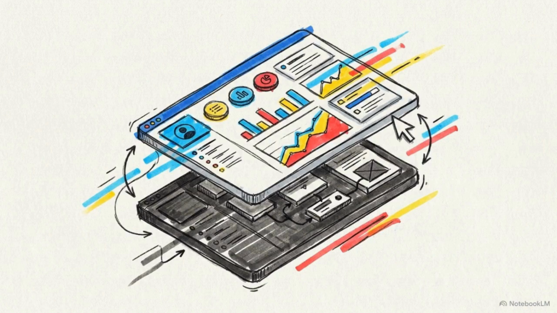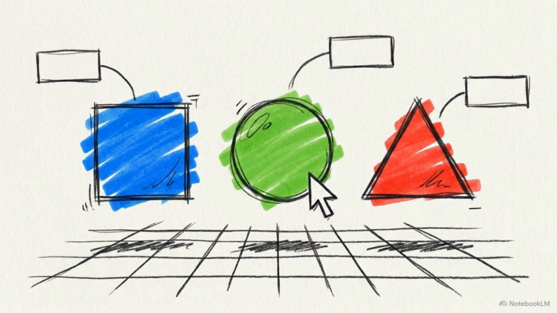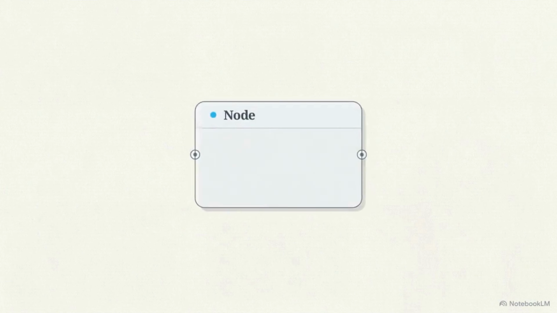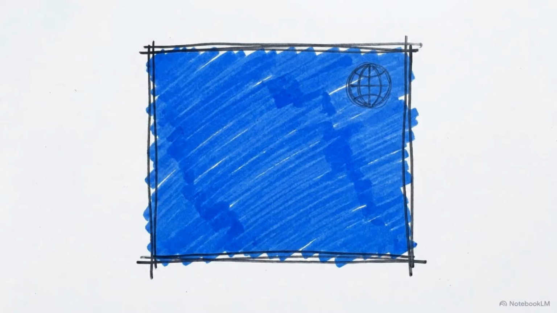Mastering this scale requires decoupling the visual components the user sees from the complex state management physics calculating in the background. The architecture relies on three basic primitives, starting with the node. Positioned on a blank canvas, the node represents a single step or task. Users often assume these nodes are static shapes drawn onto an HTML5 canvas.